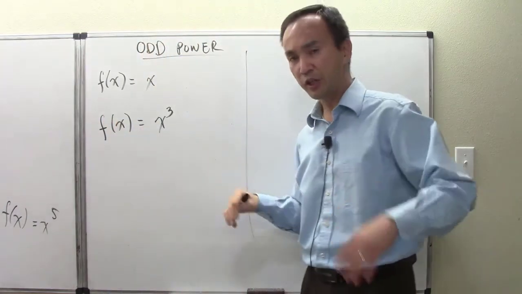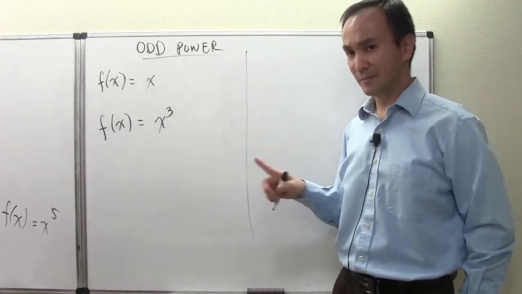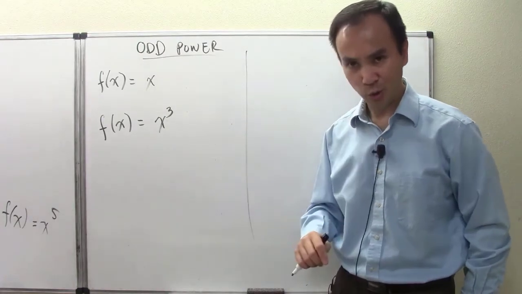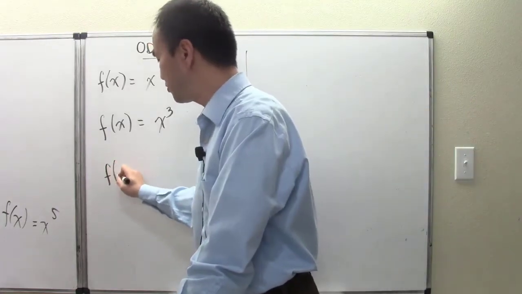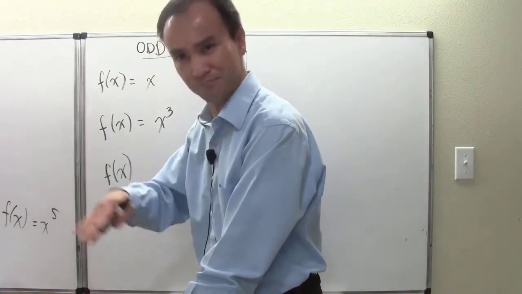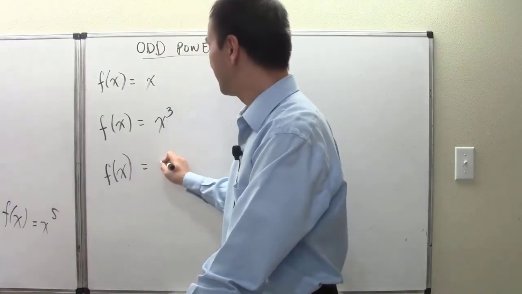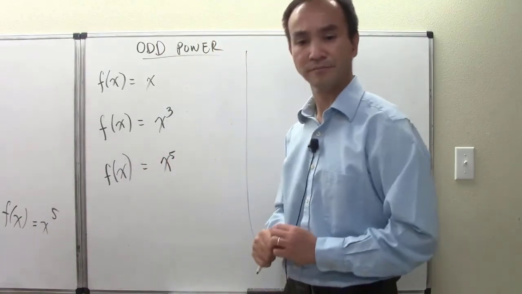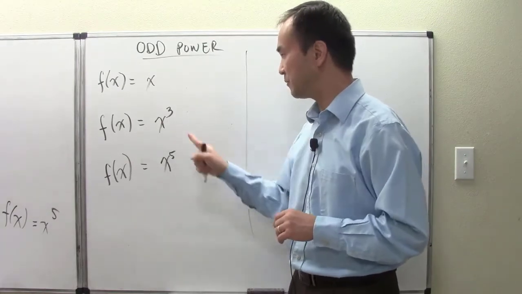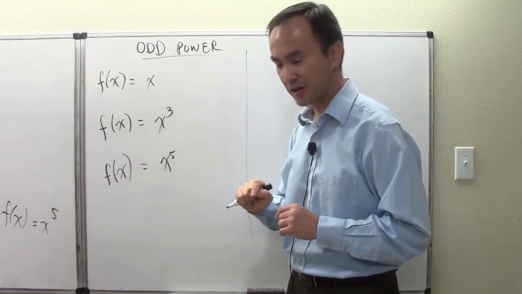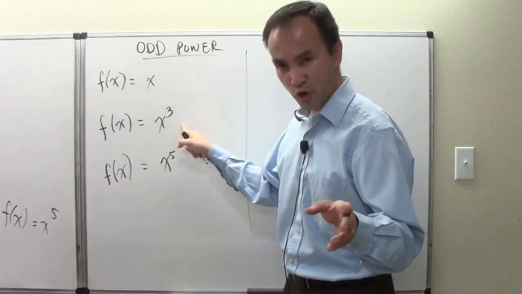These are the only two odd power functions among our toolkit functions. But how about x to the fifth? You may have seen it before, you may have not. f of x equals x is the identity function. This is the simple cubic, that's how I call that.